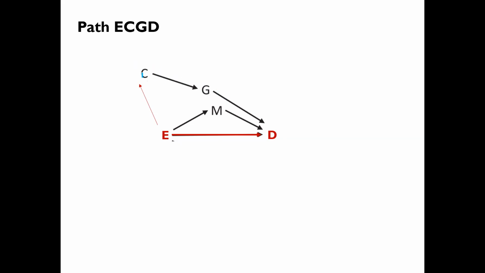Here you have C pointing toward G, and then here I change it. So we have E pointing towards C, and then we have G pointing to C, and C to D, okay? So this path, E, C, G, D, is it a causal or non-causal path? Non-causal, it's a collider. Perfect, that's it. So it's a non-causal path, and C would be a collider.